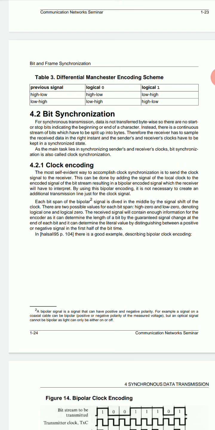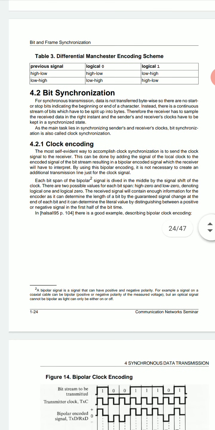So there are three methods of bit synchronization. First, derivation of a clock signal from a master timing source at both the transmitter and the receiver.